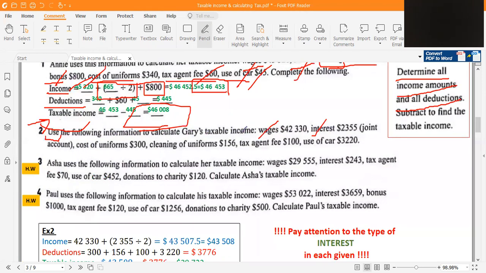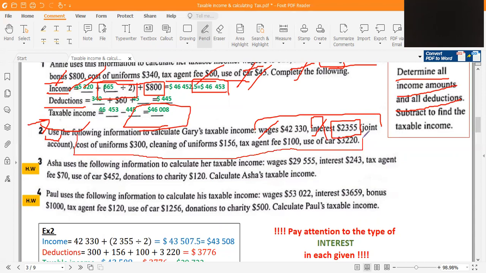So we have only two income amounts, and we add 42,330 plus half of the interest, because we have interest on a joint account. And we determine all the deductions, like 300 plus 156 plus 100 plus others, giving $3,220 in all deductions.